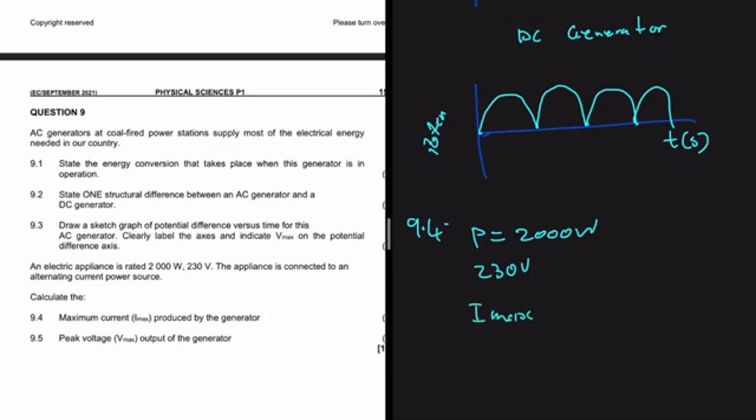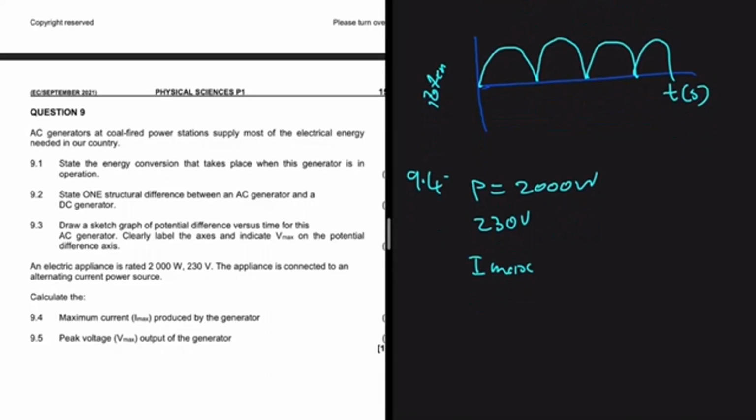In electric circuits, we know fully well that the power is equal to the voltage multiplied by the current. But when we're dealing with an AC generator, we have power average equal to I RMS multiplied by V RMS. We have the power average and we have the V RMS. With these two, we can find I RMS, and from I RMS, we can find a way to find I max.